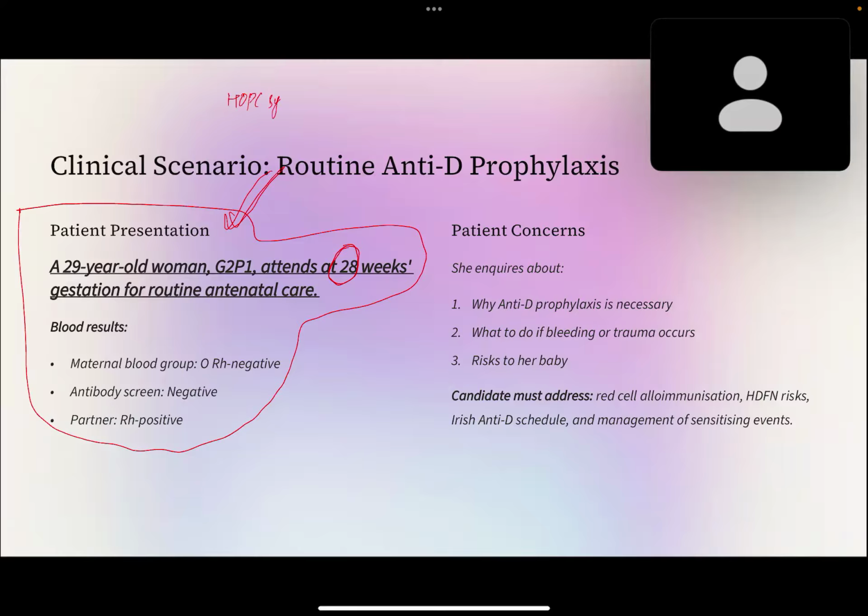I would ask about any episodes of bleeding, pain, or fluid leak from down below. I would confirm her blood group, as it's O negative, and ask if she has received any injections for prophylaxis, the anti-D prophylaxis.